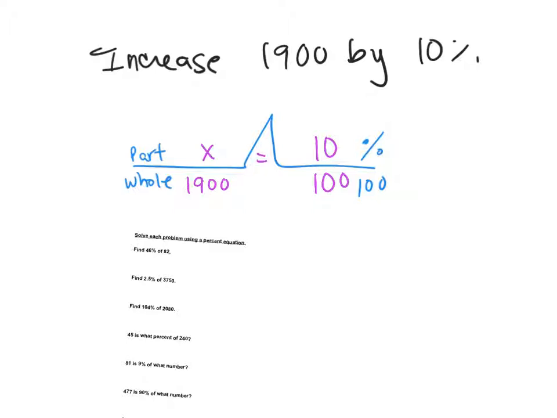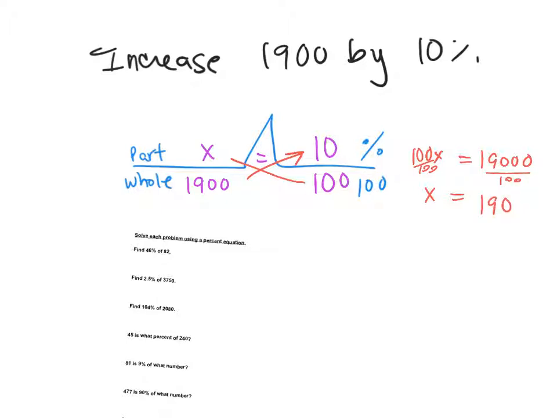With that, when you find that x equals, that's telling you that that's the 10% you're going to increase it by. So when I cross multiply, you get 19,000 is equal to 100x. X is going to equal, after you divide by 100, 190.